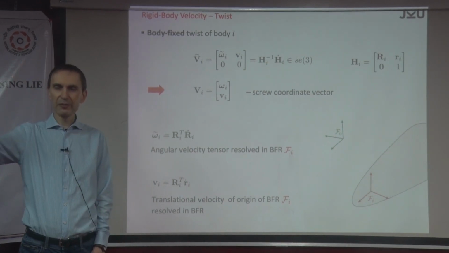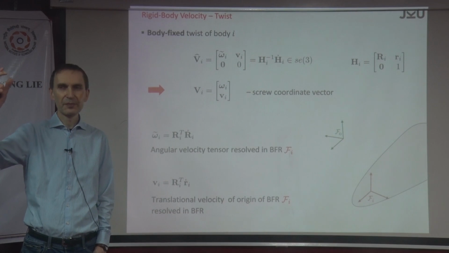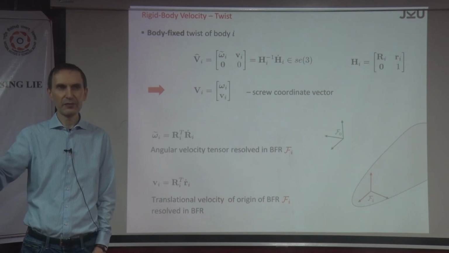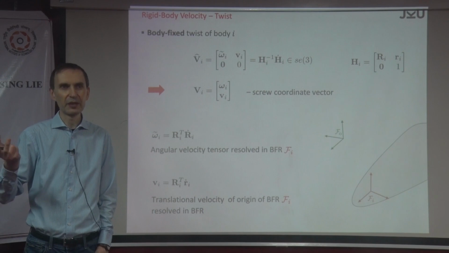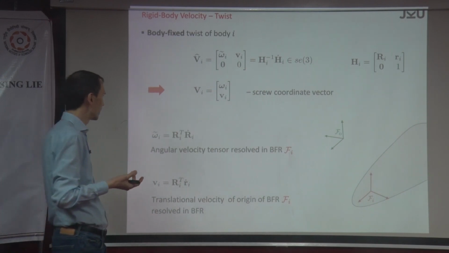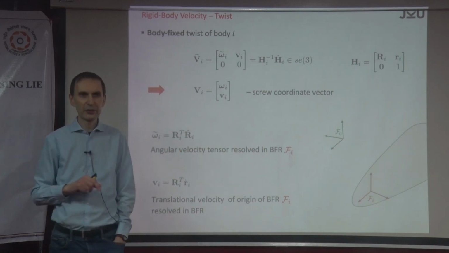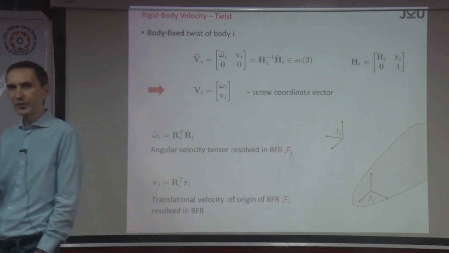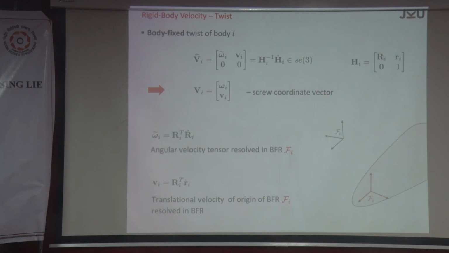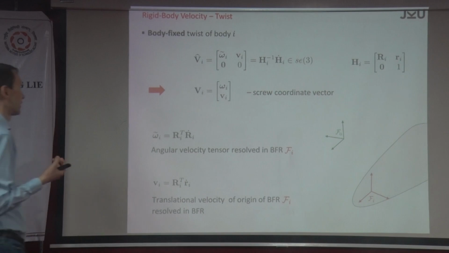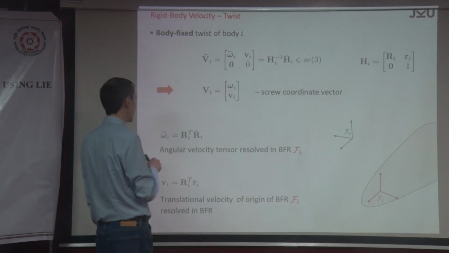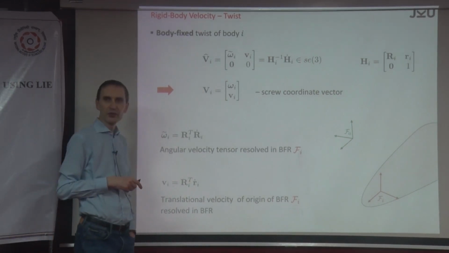Now if you take the time derivative of the rotation matrix, that doesn't have a physical meaning. It's just a time derivative. But if you pre-multiply this time derivative of the rotation matrix with the inverse, that means the transpose of the rotation matrix, then you get something out of it. And this is again a skew-symmetric matrix.